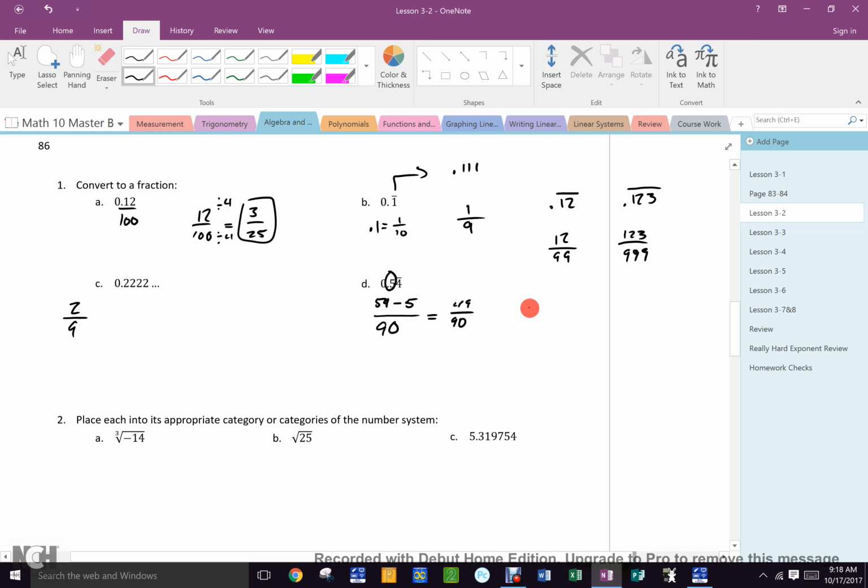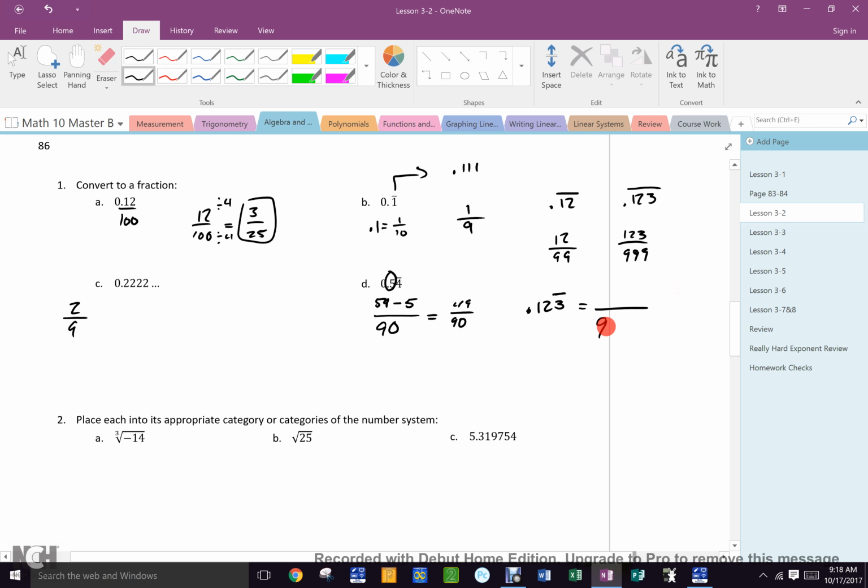So let's do this one. What if I told you it was 0.123, and only the 3 repeated? What would it be over? How many 9s do I need on the bottom? There was 1 repeater there, so I had 1 9 on the bottom. How many repeaters do I need here? 1.